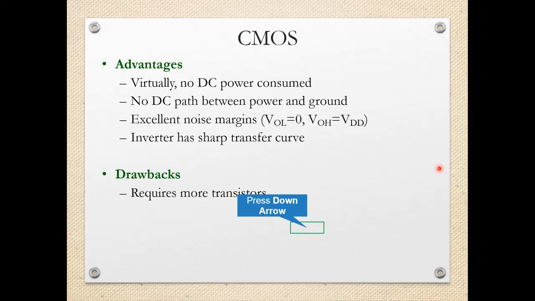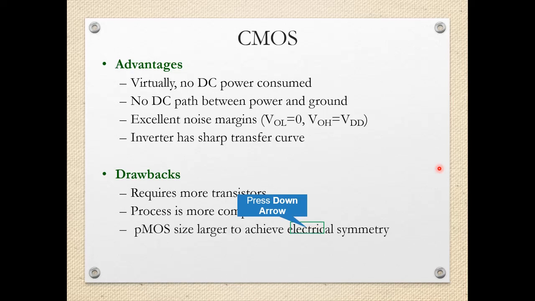It requires more transistors, so we require 2 devices. Process is more complicated, as on the same substrate we want to fabricate both N MOSFET and P MOSFET. An additional N-well structure is to be prepared, so the process for fabrication is quite complicated. PMOS size is larger to achieve the electrical symmetry.